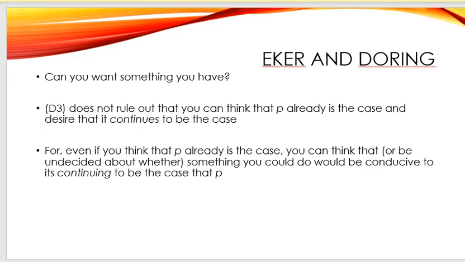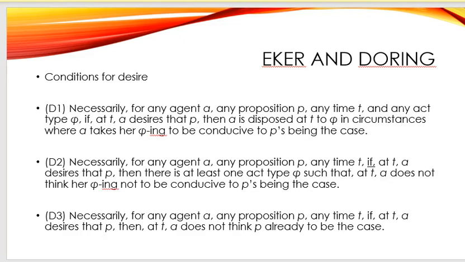Well, actually, I still have the disposition to bring it about, that I get that thing, but I don't have the correct manifestation conditions anymore. They're not required at this point. So the necessary conditions for desire are three for Eckert-Dorian. They say for any act type phi, if at t, A desires that p, then A is disposed at t to phi in circumstances where A takes phi to be conducive to p's being the case.